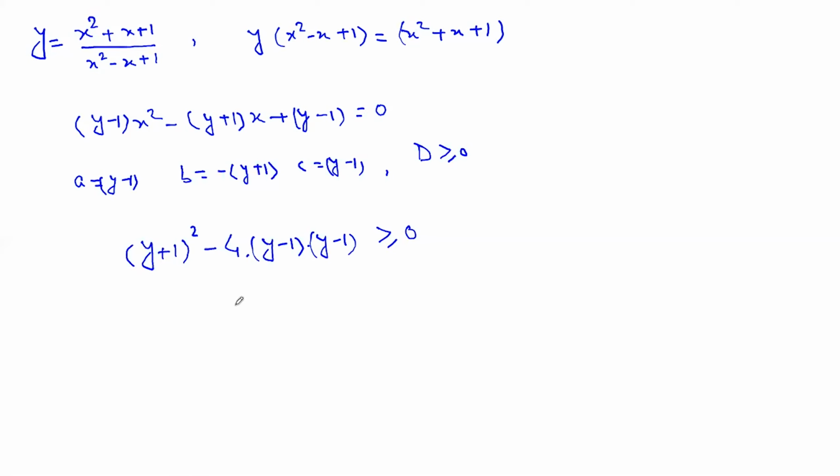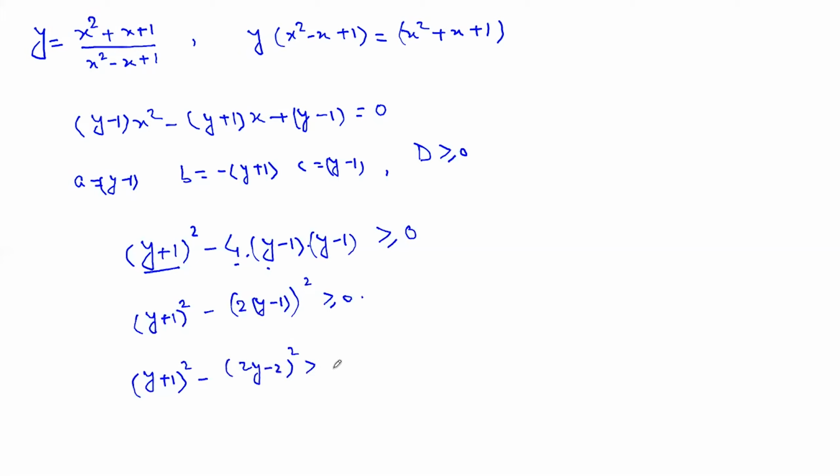We can solve this, (y plus 1) the whole square minus 4 (y minus 1) the whole square, by expanding this. But the best way while solving this is (y plus 1) whole square minus twice of (y minus 1) the whole square greater than equal to 0. Or we can rewrite as (y plus 1) the whole square minus (2y minus 2) the whole square greater than equal to 0, right?